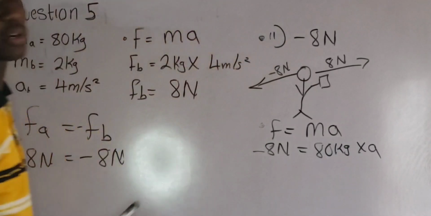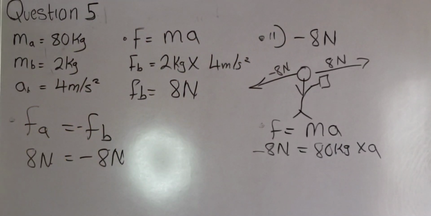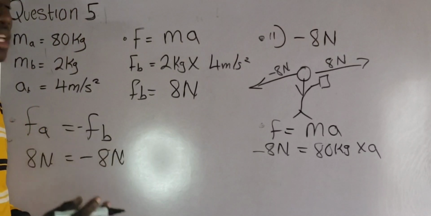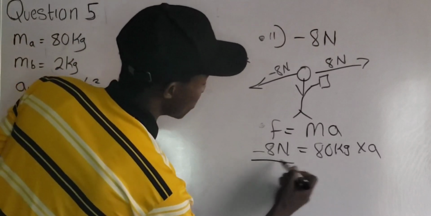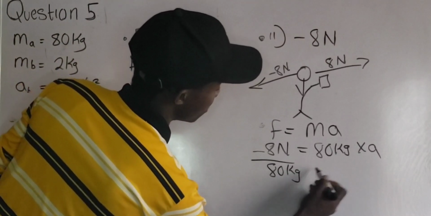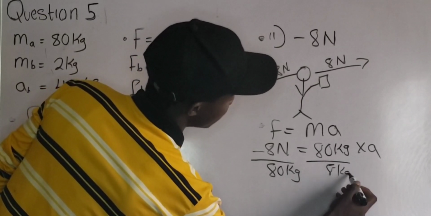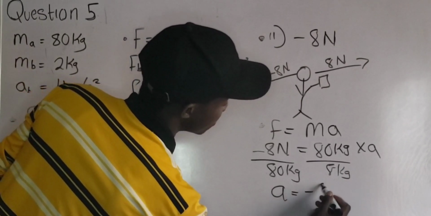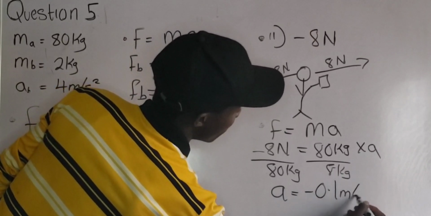Don't forget that the parameter we are looking for here is the acceleration. So the next step is that I'm going to divide both sides by 80 kilograms, so I'm going to have 80 kilograms all over 80 kilograms. So what is the value of acceleration? Acceleration is equal to minus 0.1 meter per second squared.